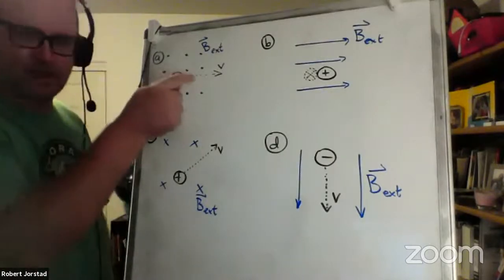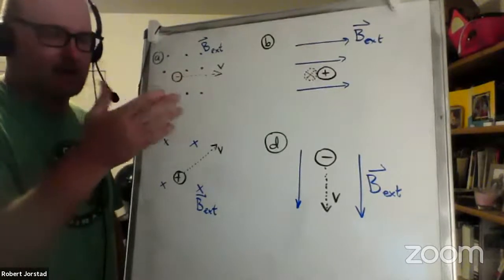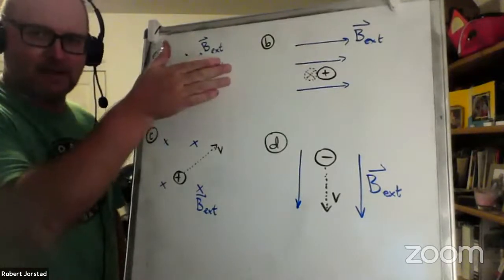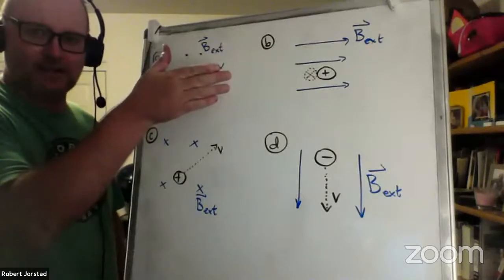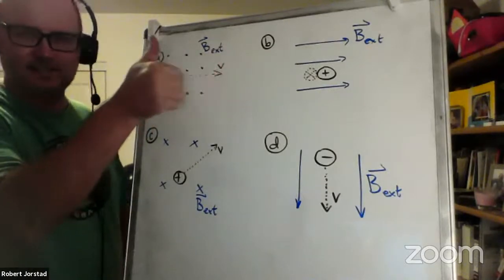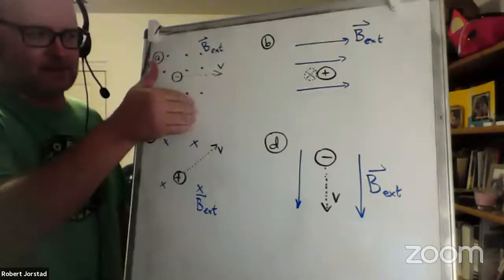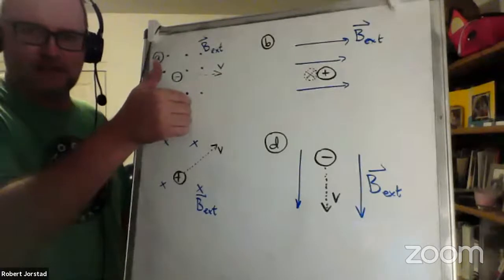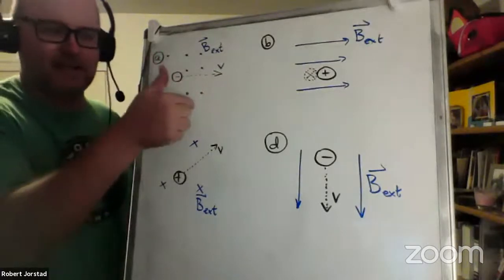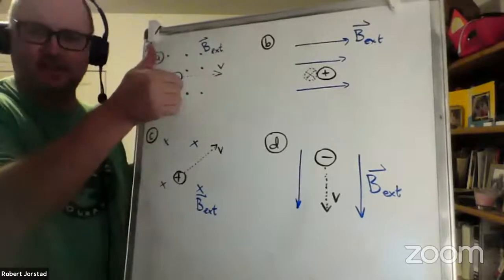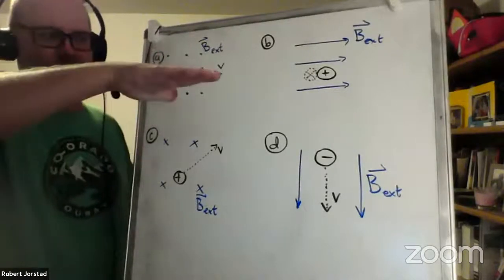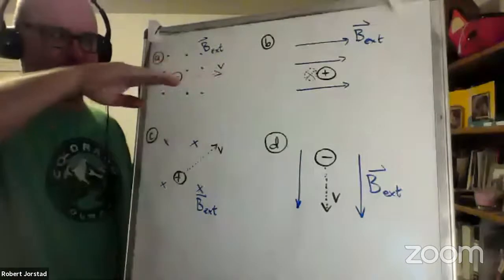I take my right hand and line it up with V. I need to try different orientations. This doesn't work. Why? Because my hands point the right way at first, but this doesn't curl to B. My fingers are pointing into the page. A dot means out of the page. So this doesn't work, because my fingers point this way.